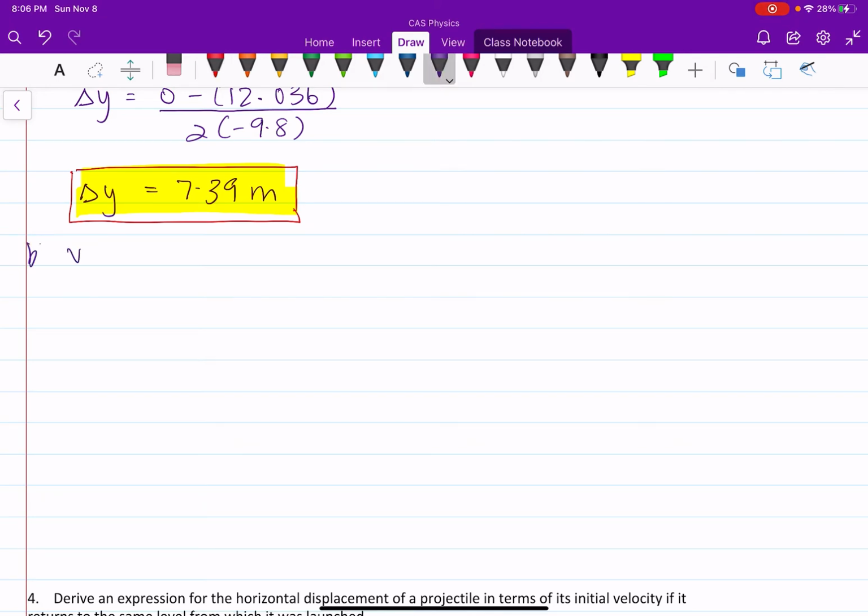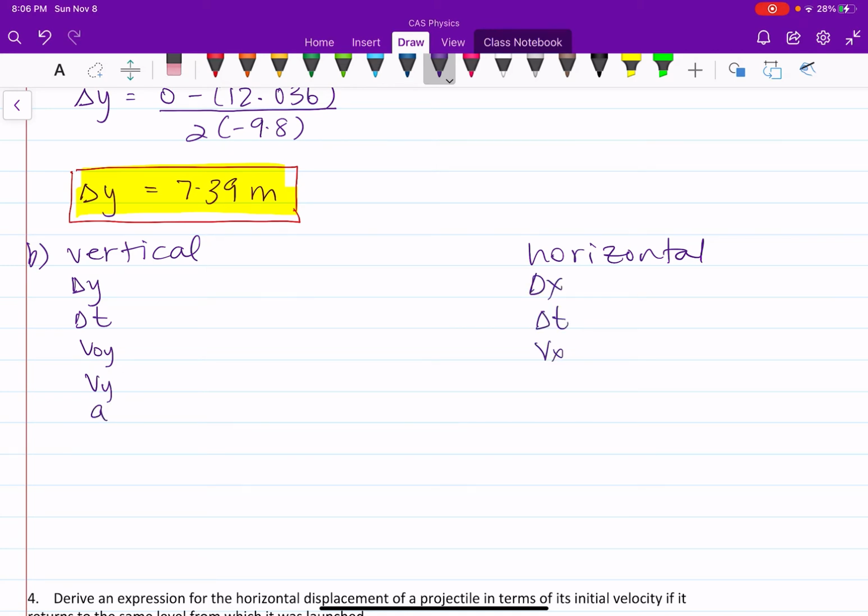So this is part B, vertical and horizontal: delta y, delta t, v naught y, vy, and a; delta x, delta t, and vx. Okay, so I'm going to say delta y, the vertical displacement, is 0 because it rises and falls to the same height.